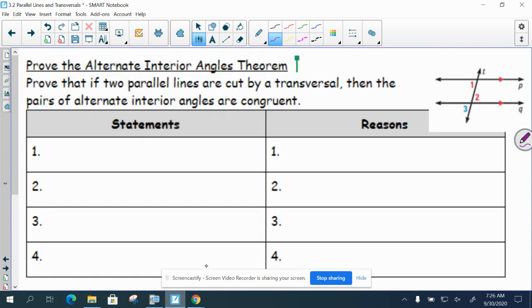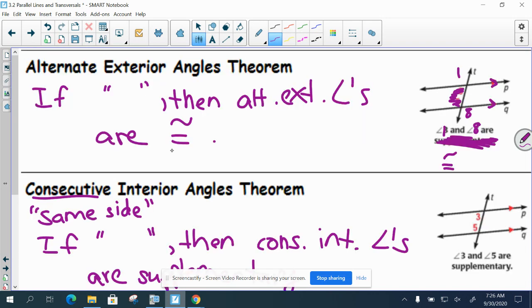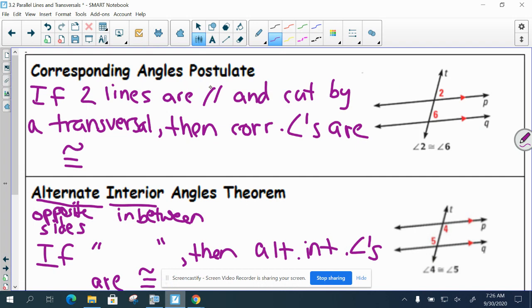All right. So let's look at a proof here of the alternate interior angles theorem. Prove that if two lines are cut by a transversal, two parallel lines, then the pairs of alternate interior angles are congruent. So first we'll say that P is parallel to Q because that's what we have been given: if two lines are parallel. So those are what are parallel. Remember that for the corresponding angles, it's a postulate.